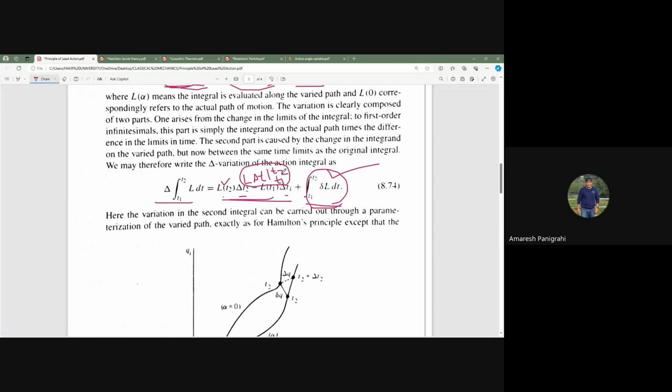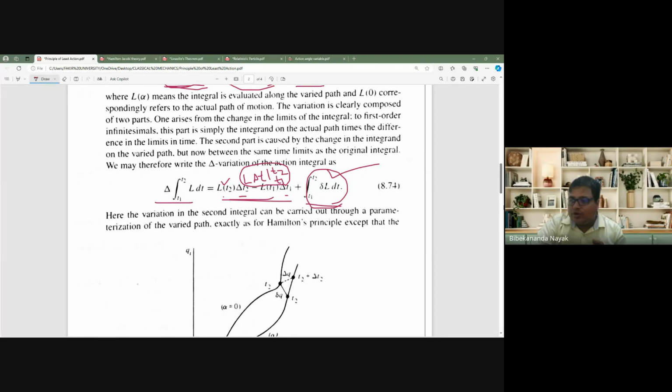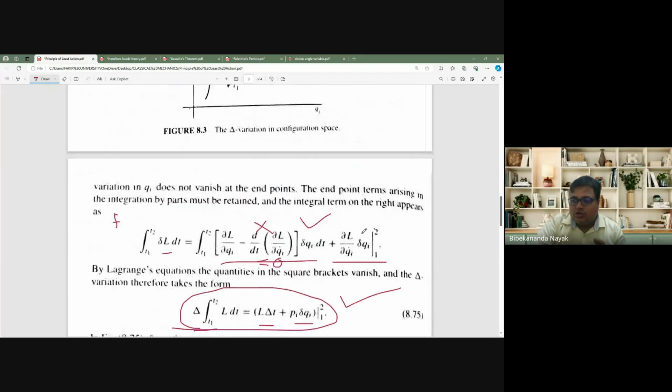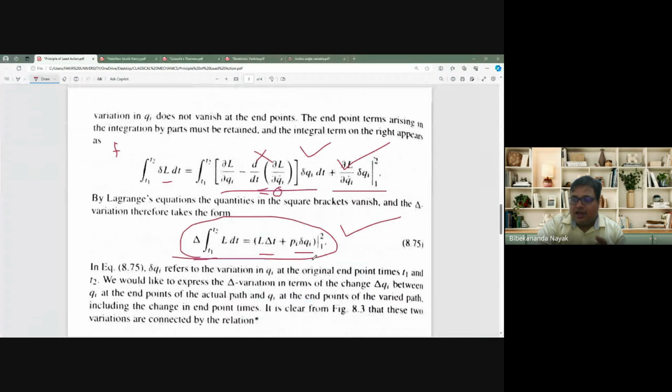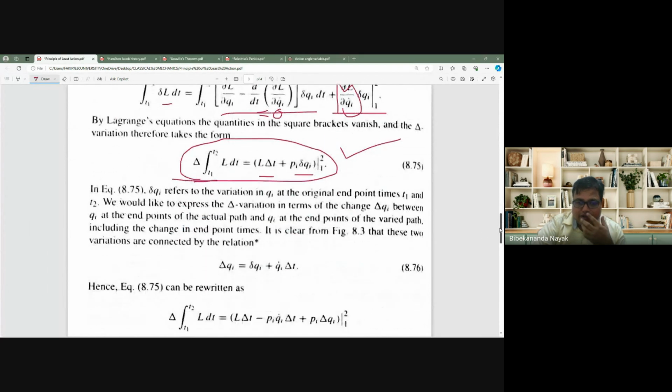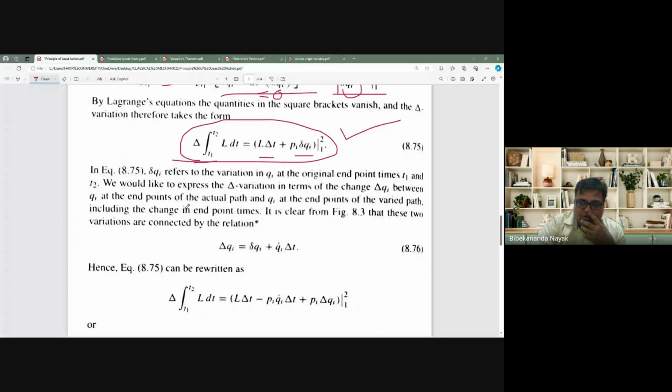Yes, sir. Then from here I got this term. Combining these two, I write L delta T plus Pi del Qi total is equal to Pi delta Qi between 1 and 2. This is one. Delta Qi refers to the variation of Q at the original points T1 and T2.